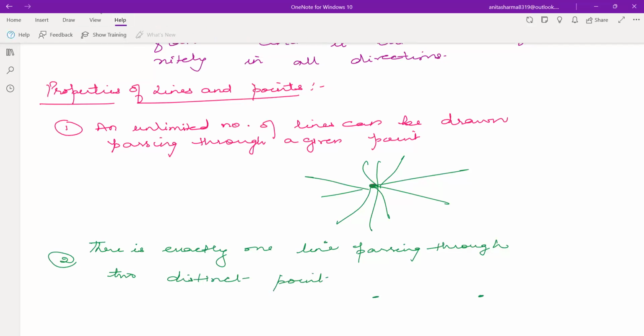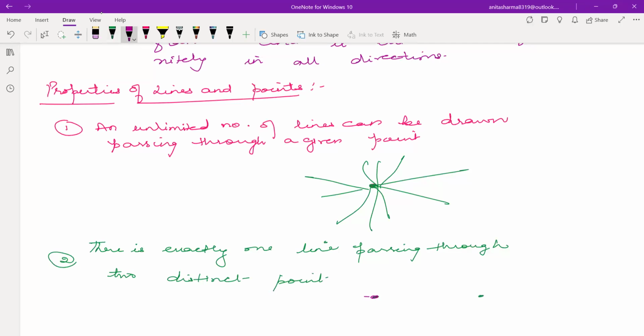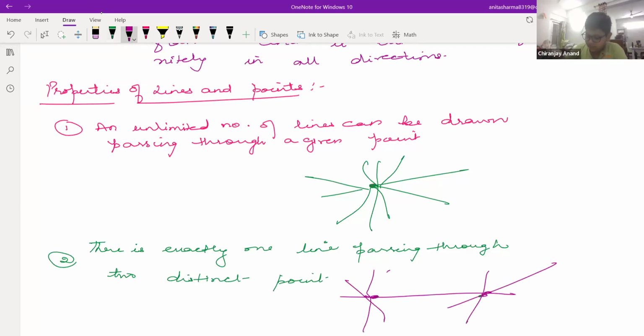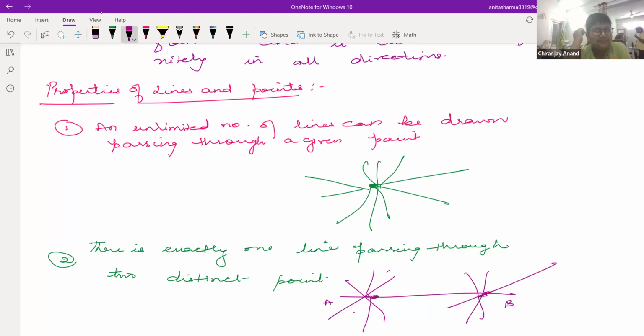See on the screen, children. Two distinct points are there. One point is this and another is this. So there is only one line which can pass through these two points. See, if we draw a line like this, there is only one line. Clear? Please draw the figures also, children, so that it will be easier for you to understand the topic.